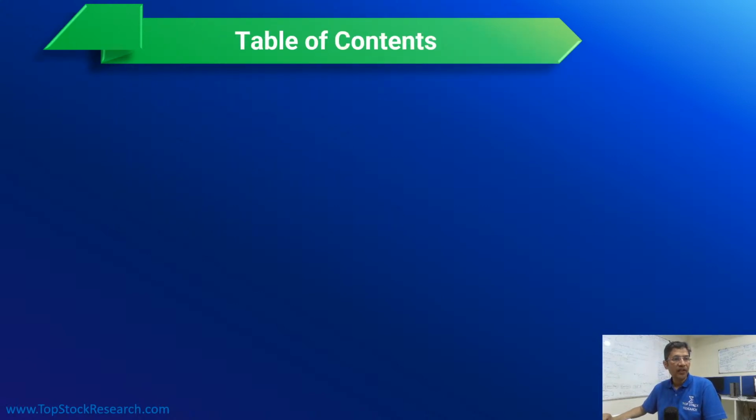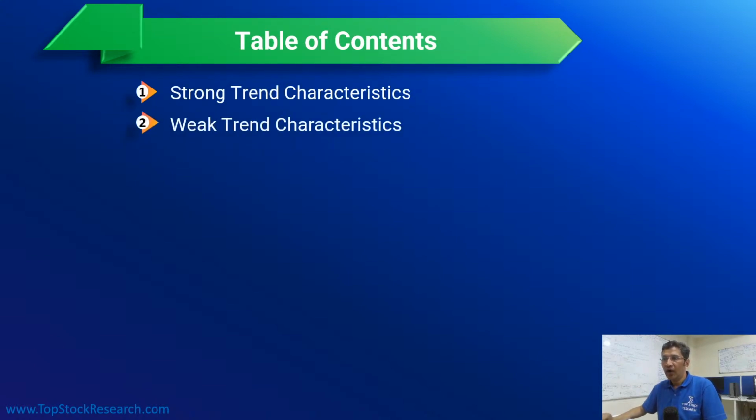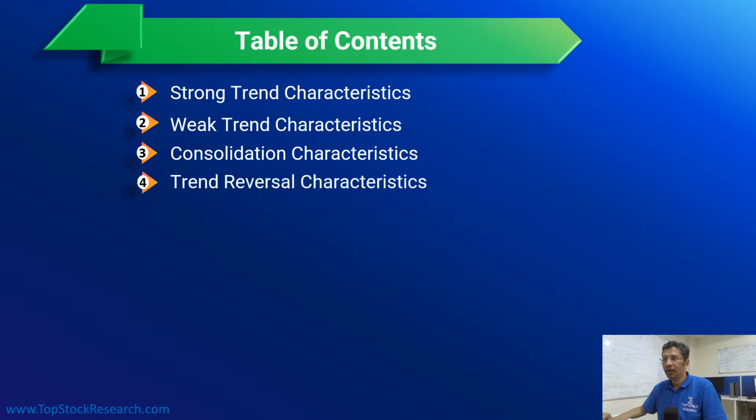So what are we covering in this session? Number one, strong trend characteristics: how to find a strong trend and how to identify a weak trend. This will help you compare strong versus weak trend, consolidation, and trend reversal. We'll cover 15-plus strategies in this session, some of which you have seen in our previous sessions.